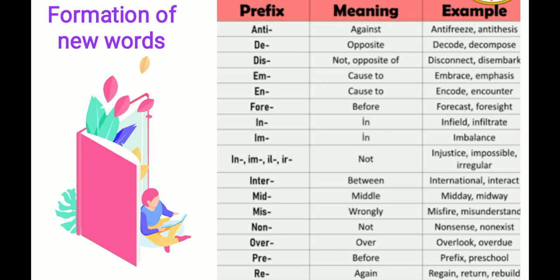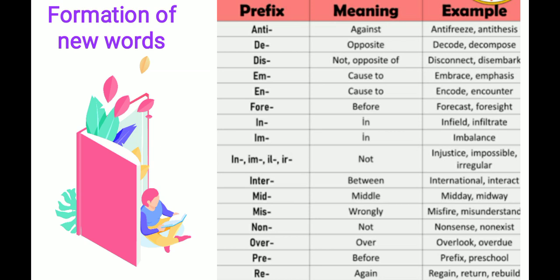Now in, im, il, ir, that means not. If you add this prefix with any word, the new word becomes the opposite of that word. Like justice, we have added in with justice, the word will become injustice, which is totally opposite to the word justice.